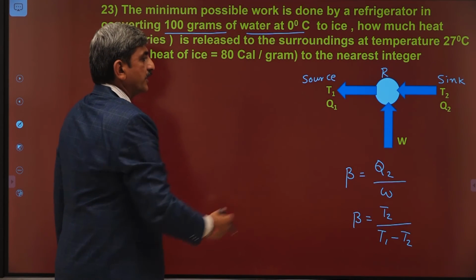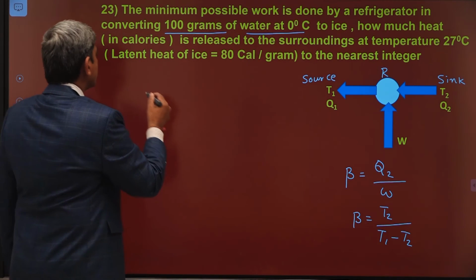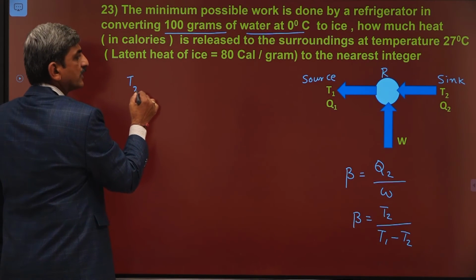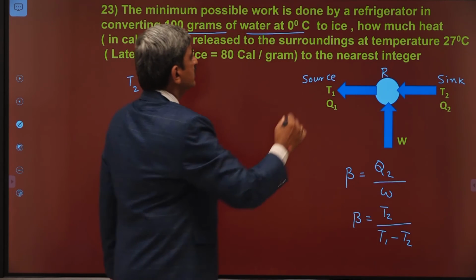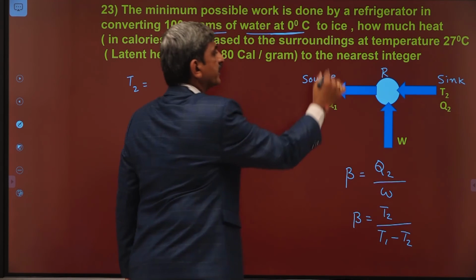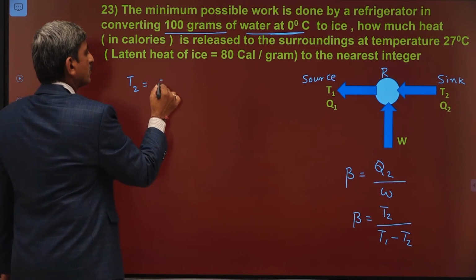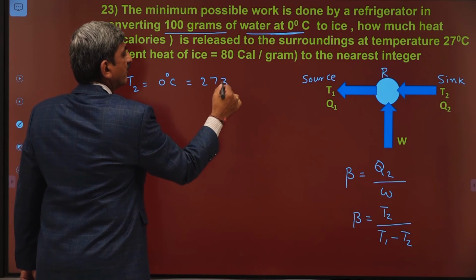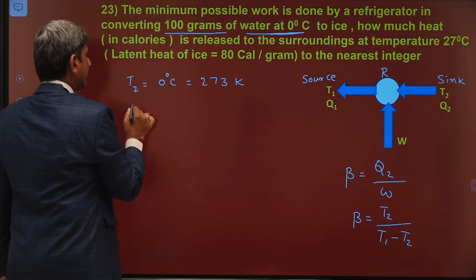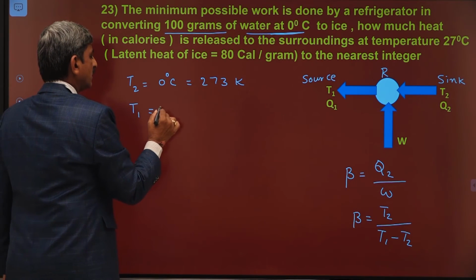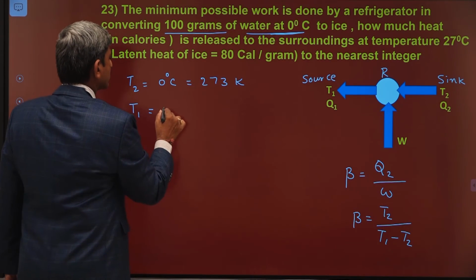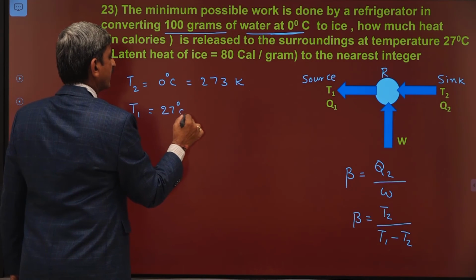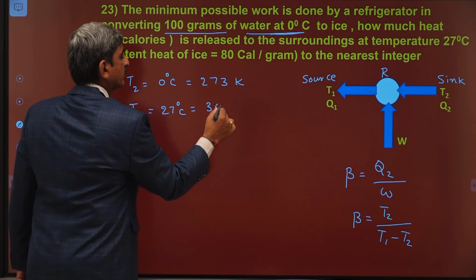Now in this problem, the temperature of the sink is T2, equal to how much? It has water at 0 degree centigrade. So T2 is equal to 0 degree centigrade, that is equal to 273 Kelvin. And the temperature of the source is T1, the temperature of the surroundings at 27 degrees centigrade, that is equal to 300 Kelvin.